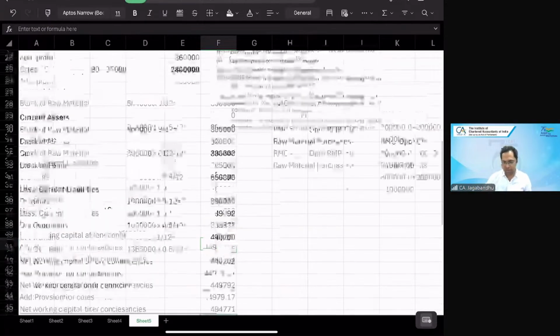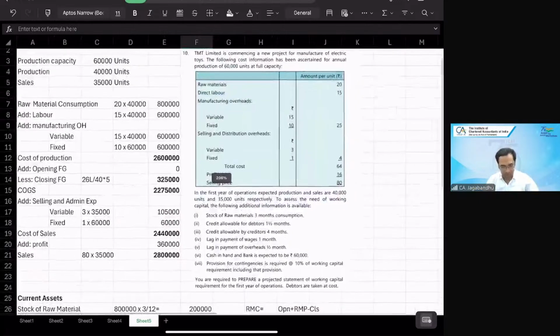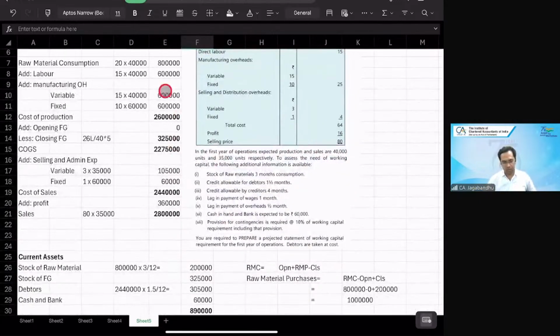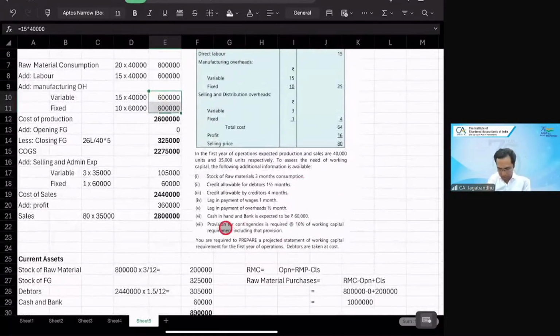Is it? Or is there some other language? Overheads are 12 lakh. No, this is manufacturing overheads is 12 lakh, but you have selling overheads also, right? The question has not stated only manufacturing. You have to take both types of overheads. Okay, provision for contingency required at 10% of working capital, including that provision.